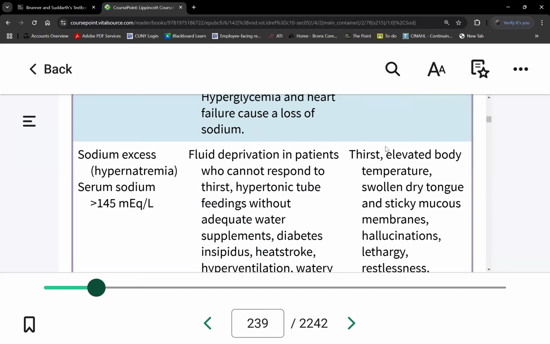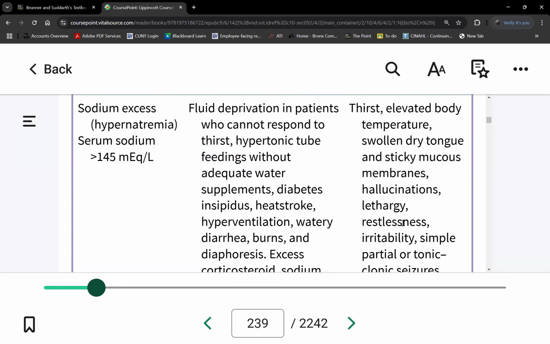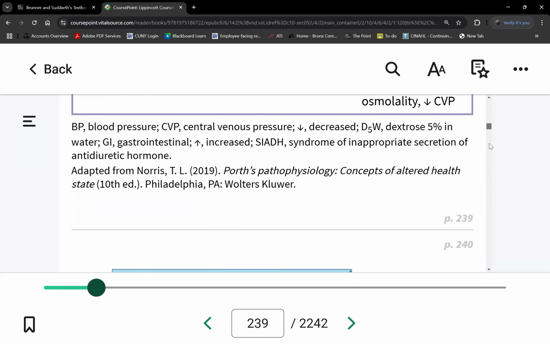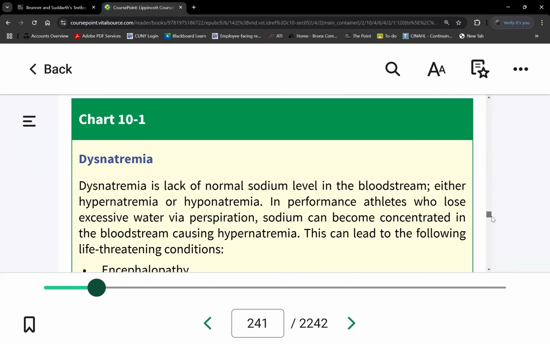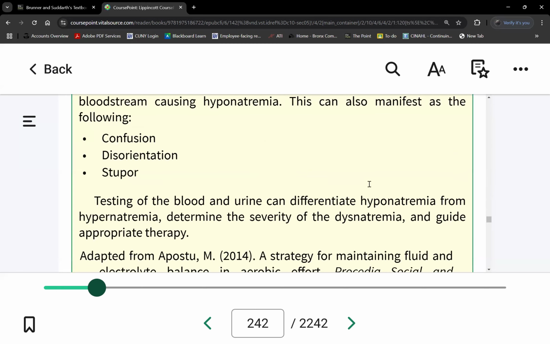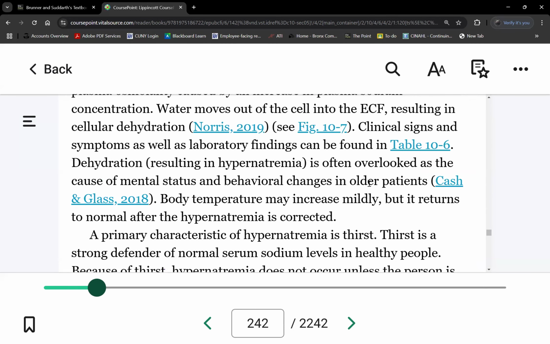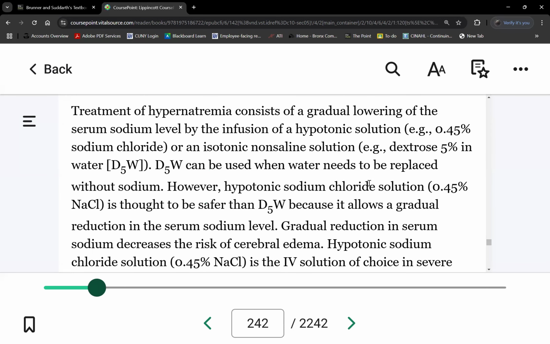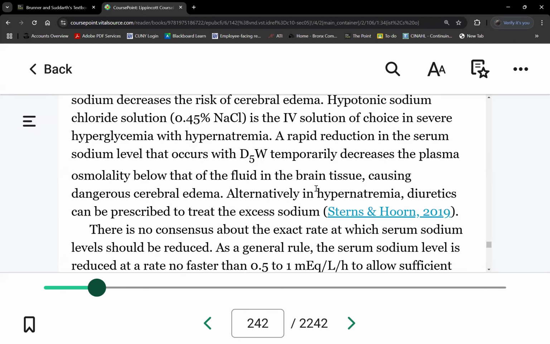If you have hypernatremia, here are your manifestations. And for management, it's typically done with treating the underlying cause first and then IV fluids.